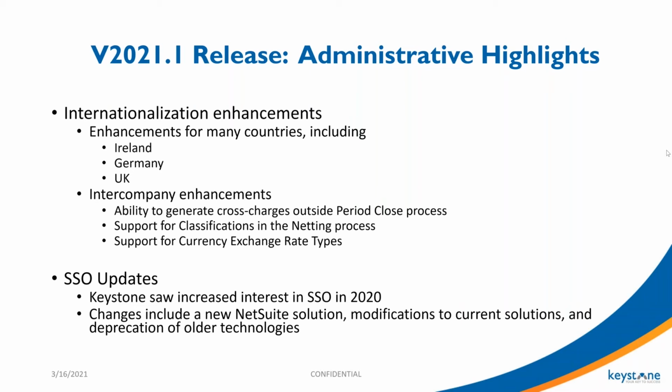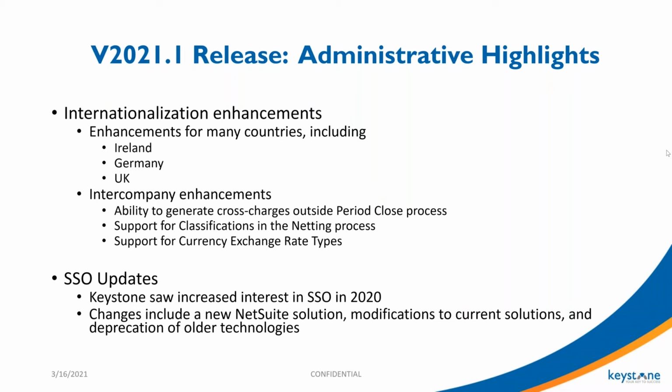The other thing that NetSuite puts into, and they put it in the international, but it's really more intercompany, but in the release notes it's included with internationalization enhancements, are some automation to the whole cross-charge and the netting process. So there are cross charges and netting.